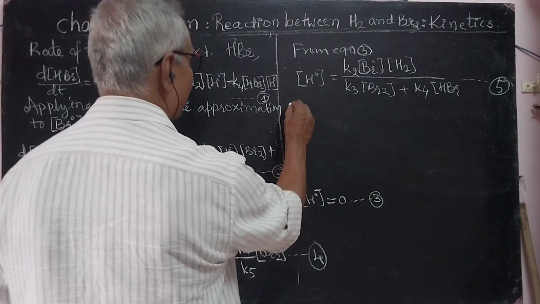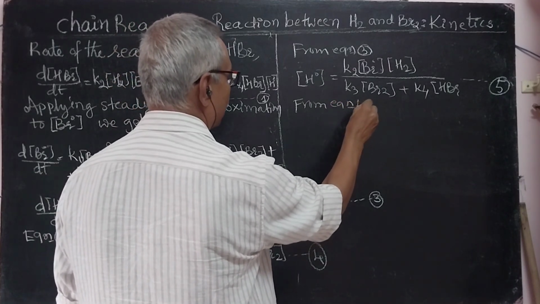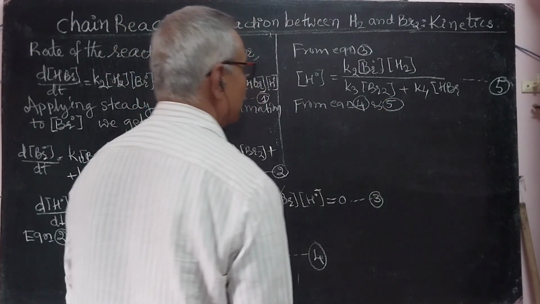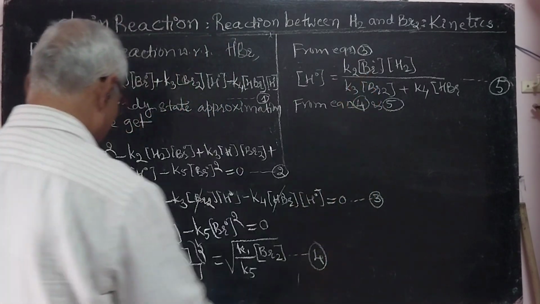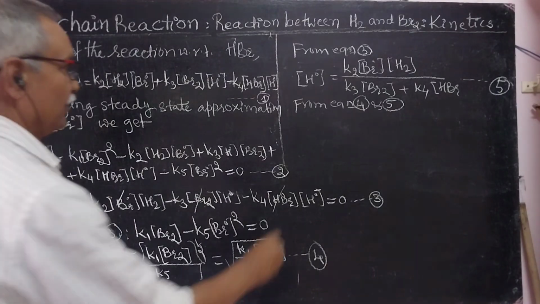From equation 4 and 5, you substitute the value of Br dot from equation 4 in equation 5.